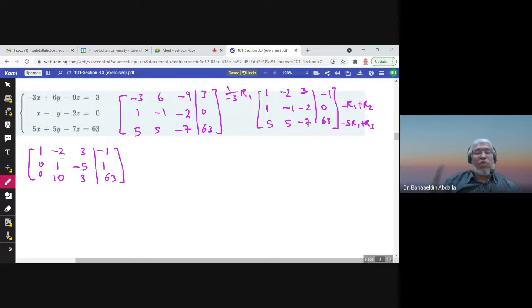This number is 1. That's good. So I just use it to make the 10, 0 and the negative 2 above.